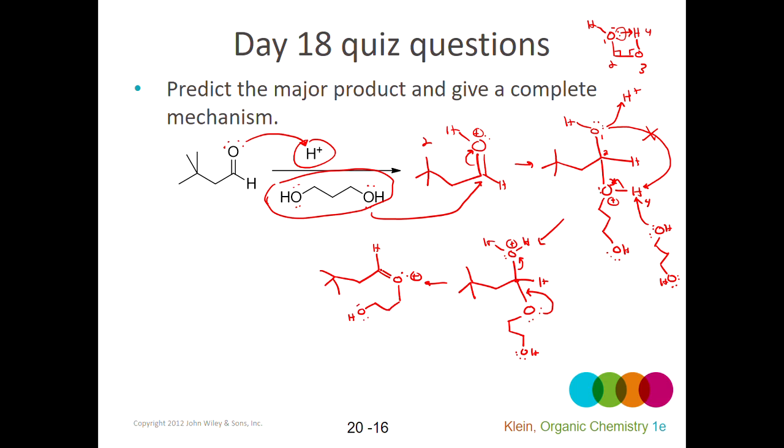So now this carbon here is sp2. Before it was sp3, and so it's hard for the nucleophilic attack to occur there. But now that it's sp2, it's flat, it's much more open sterically, so this nucleophile can very readily come in there and form a 6-membered ring, pushing electrons out here.